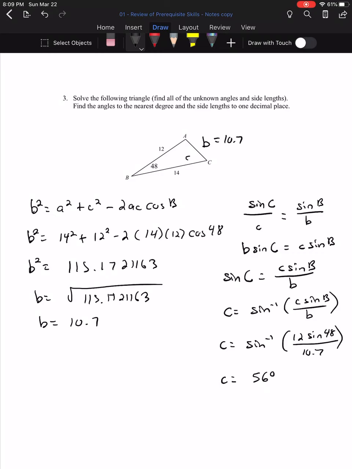That was C, 56 degrees. And I can get my angle A by going 180 minus the 48 minus the 56. A equals 76 degrees, and I'm done.